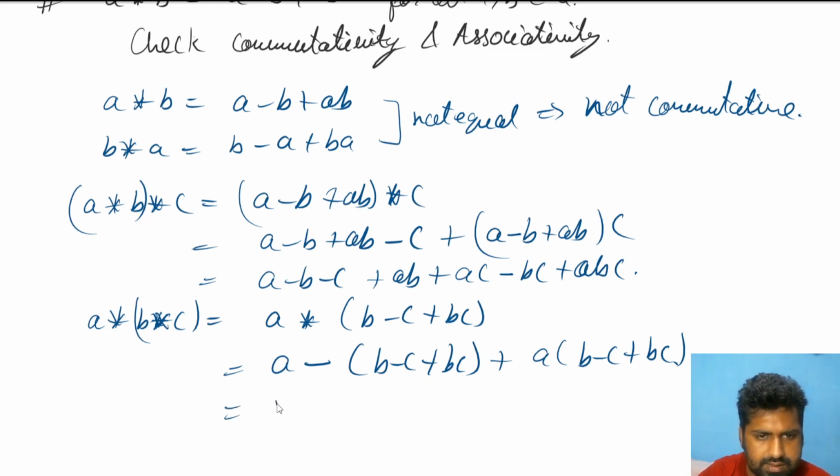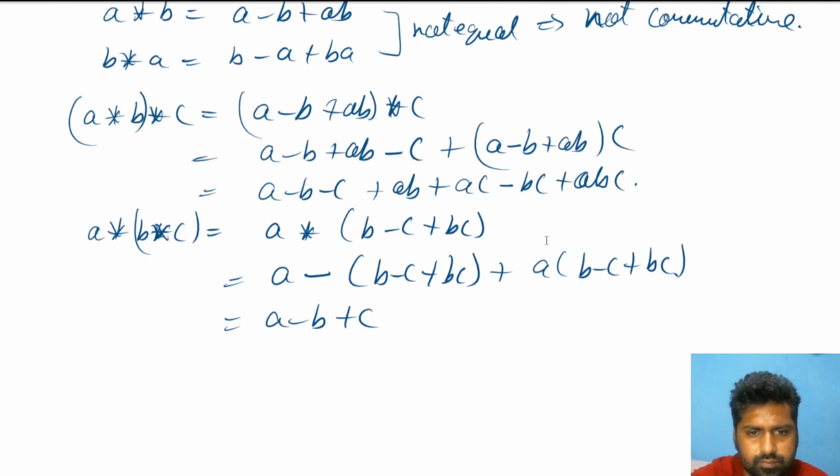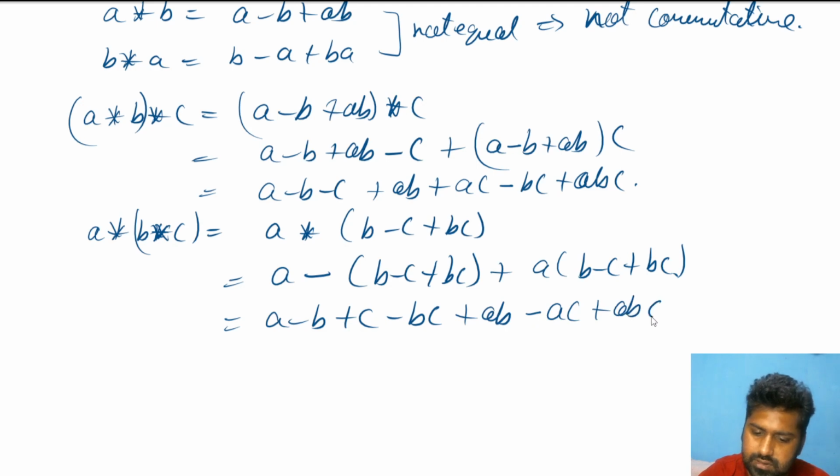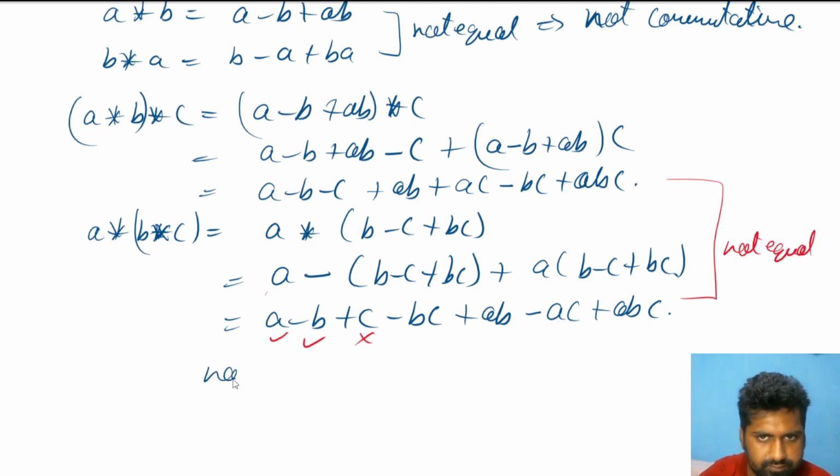So that's A minus B plus C minus BC plus AB, not plus, minus AC plus ABC. So A matches, B matches, C doesn't match, it's minus C here, it's plus C. The moment one element doesn't match, they are not equal. So these two are not equal, so not associative.